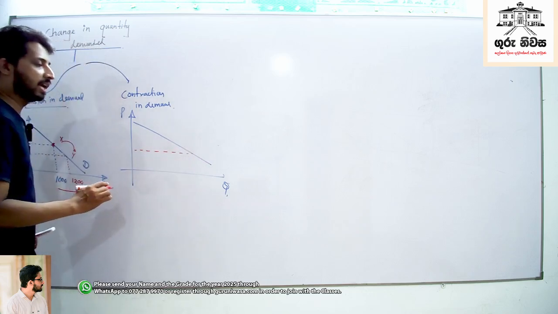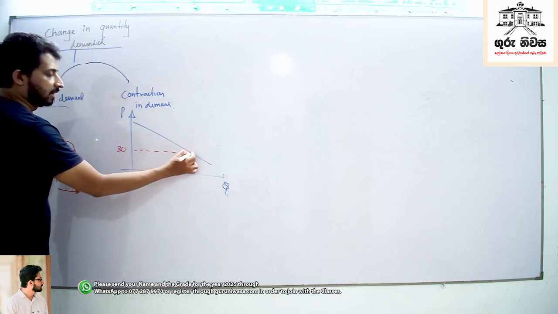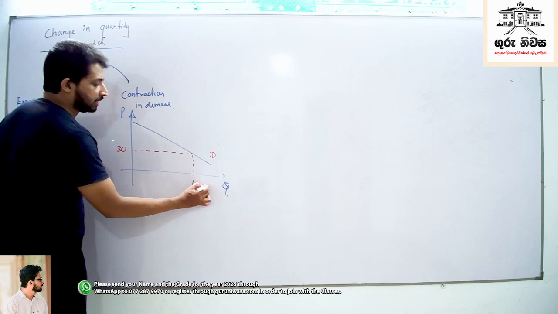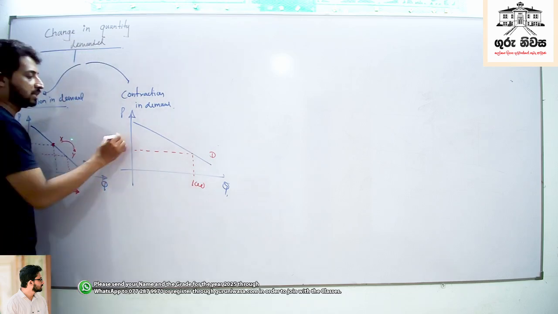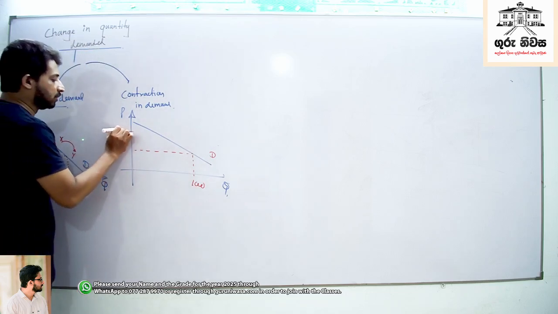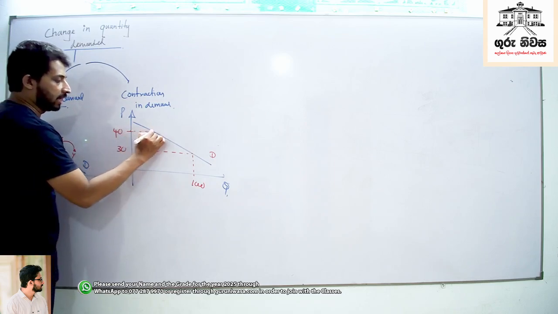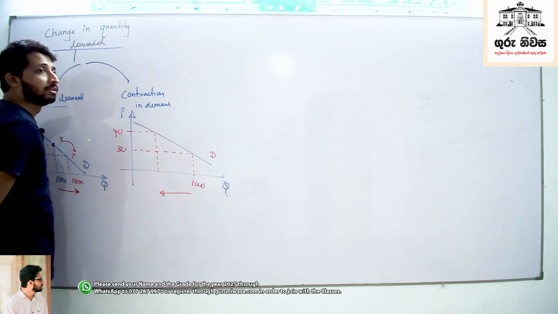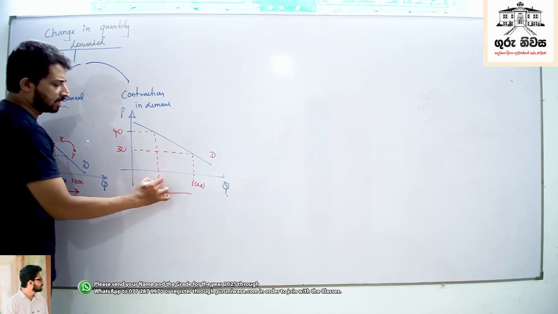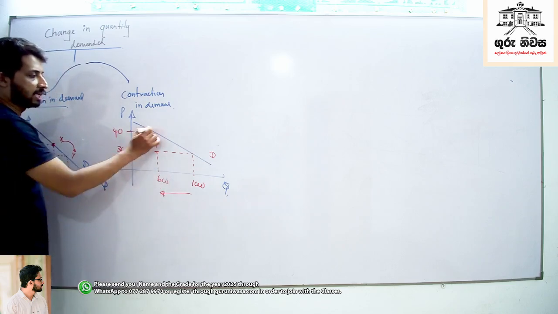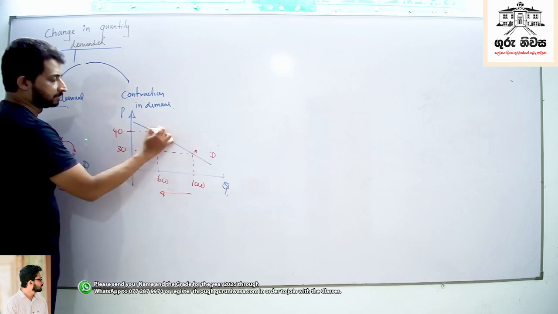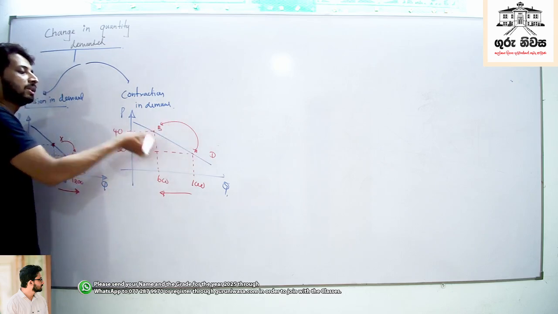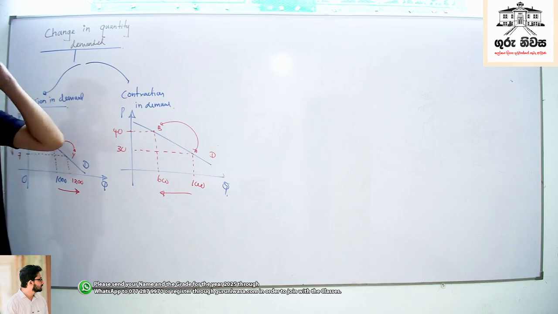Now the price of one egg is 30 rupees and people are willing and able to buy 1,000 units. Now the price of one egg increases to 40 rupees. Now what happens? Quantity will decrease to, let's say, 600 units. Assume this is point B. Now you can see point A is moving to point B along the demand curve. This is called contraction in demand.